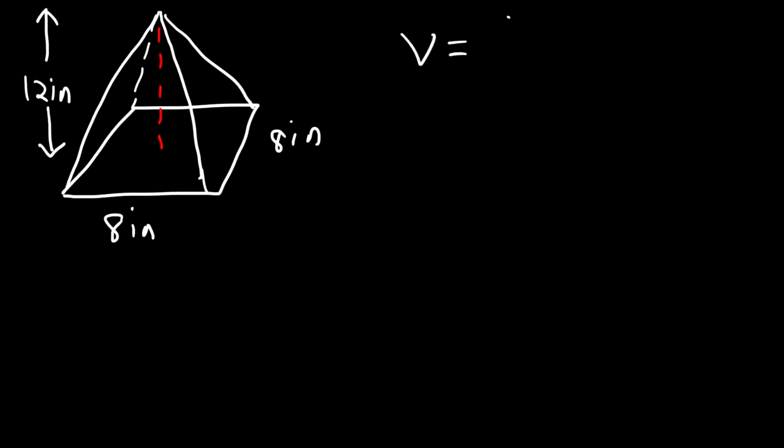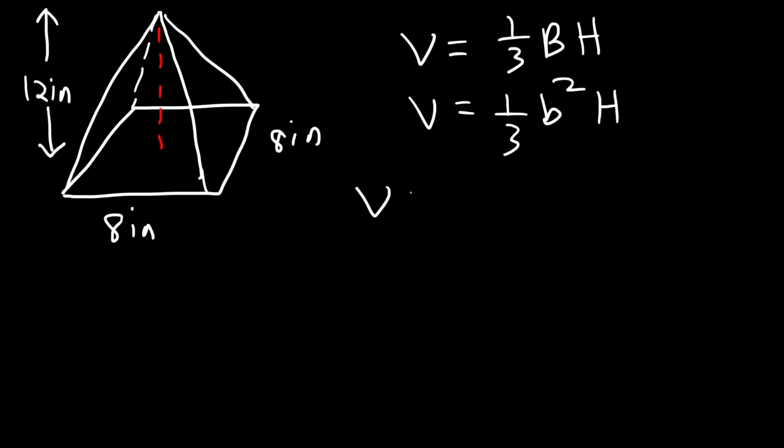So the volume is going to be 1/3 times the area of the base multiplied by the height of the pyramid. And the area of the base, as we defined in the last example, is going to be the side length of the square squared. So basically just b squared. So in our example, b, lowercase b, is 8, and the height is 12.